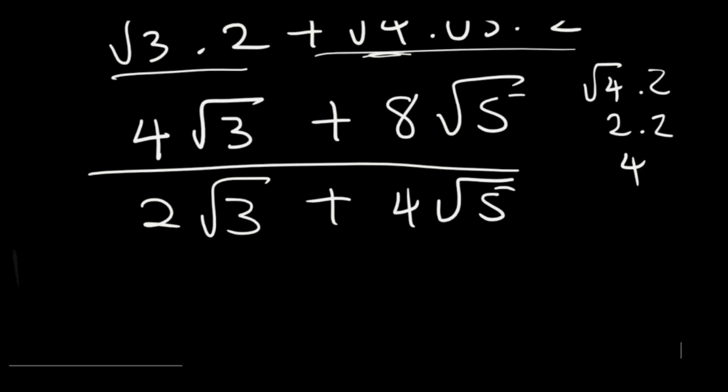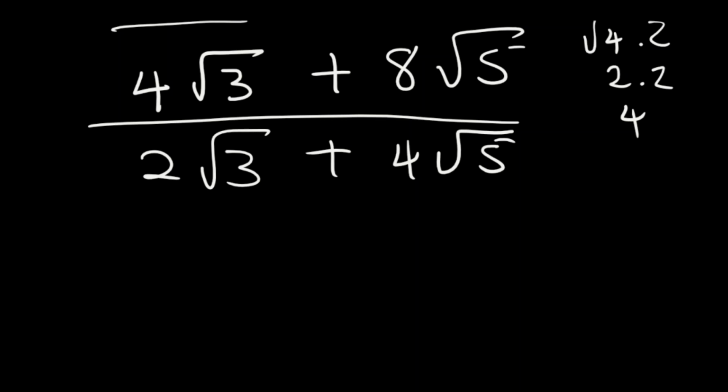Then now, let's see this expression here. We're having 2 root of 3. We're having 4 root of 3. Here we're having 8 root of 5 and 4 root of 5. You can see that there's something common here. If we were to factor out 2, it will look the same as the bottom. Let's check this out.